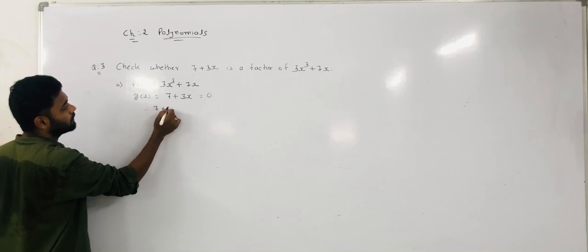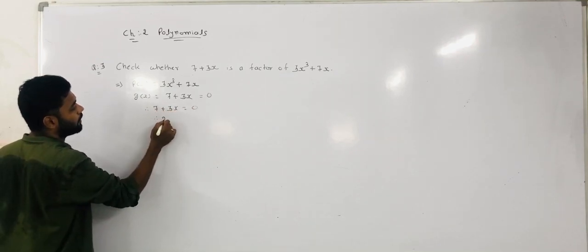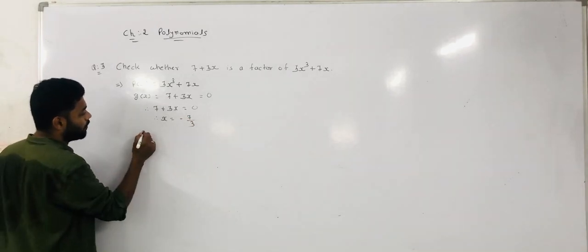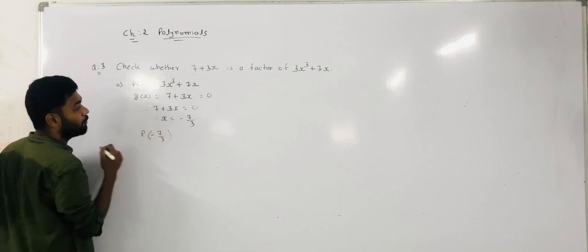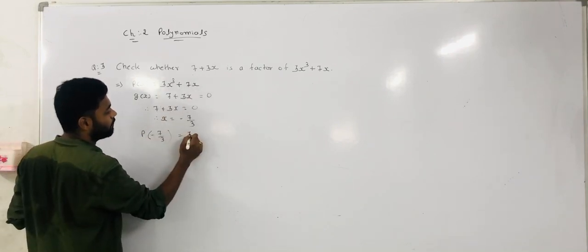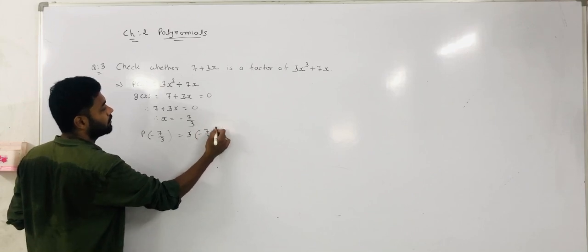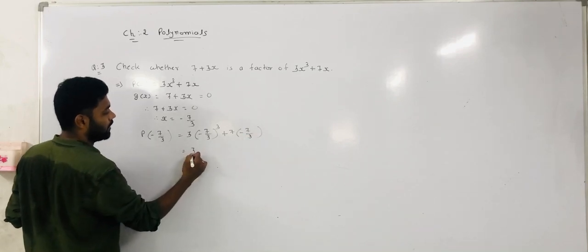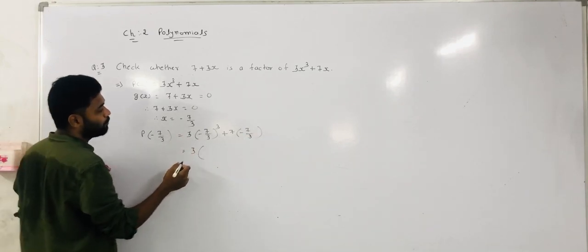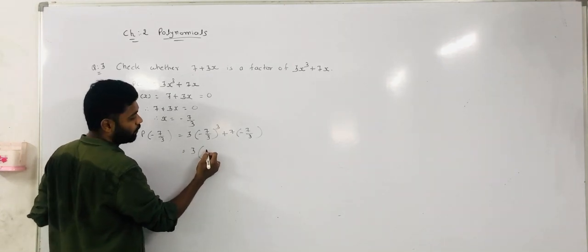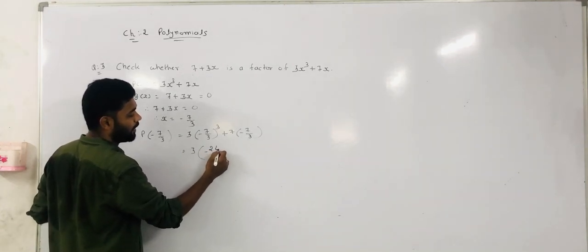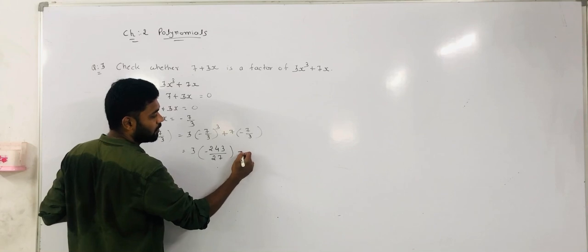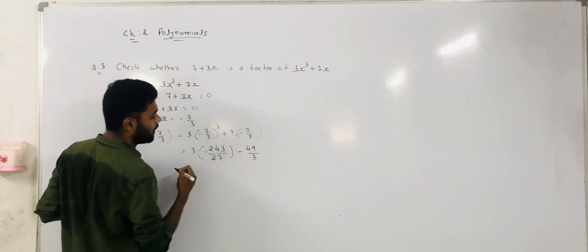So 7 plus 3x equal to 0. So you will get x equal to minus 7 upon 3. Now find the value of p of minus 7 upon 3. So instead of x, put minus 7 upon 3. 3 into minus 7 cube: 7 7s are 49, 49 7s are 343, so you get minus 343 upon 27, and then 7 into minus 7 is minus 49 divided by 3.